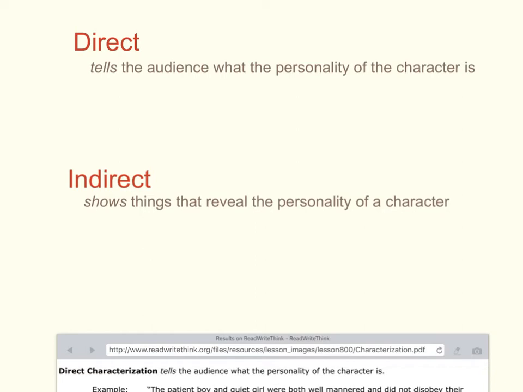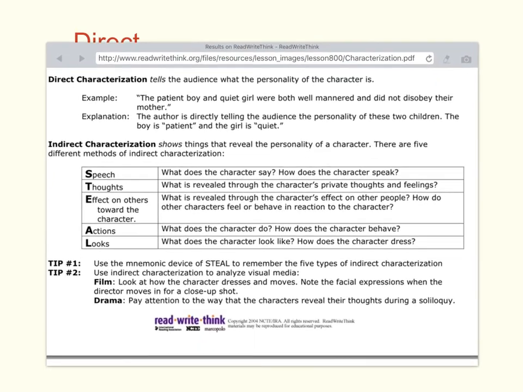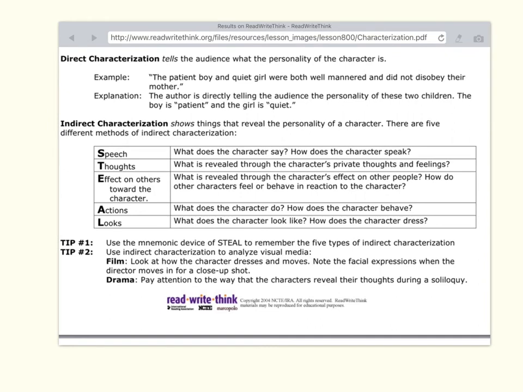In indirect characterization, they're going to show things that are going to reveal the character slowly. And I'm going to borrow a page here straight from the National Council of Teachers of English, the group that I'm a part of, from the Read, Write, Think website, because I think it has a really good mnemonic to show you about indirect characterization.